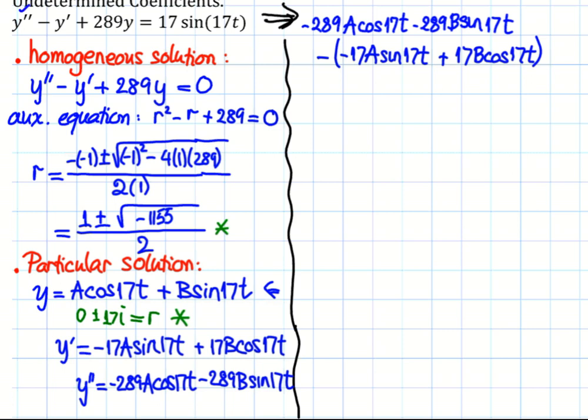So we have the second derivative minus the derivative, and then plus 289 times the original function, which is a cosine of 17t plus b sine 17t. The right hand side is equal to 17 sine 17t.